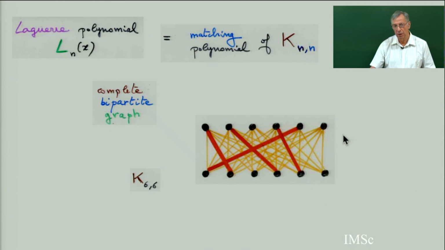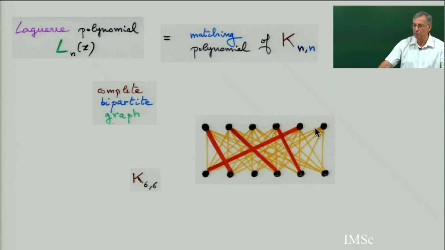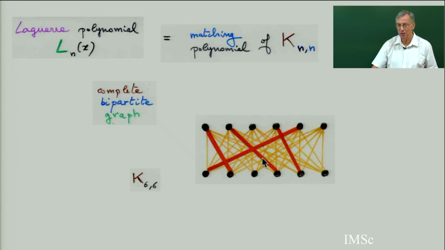In fact, you can also see this matching as an injection. You take n elements, and you have an injection from these n elements to the same set of n elements. This is an injection from 6 elements, the set 1 to 6, to the set 1 to 6.